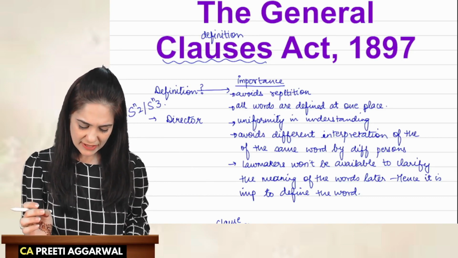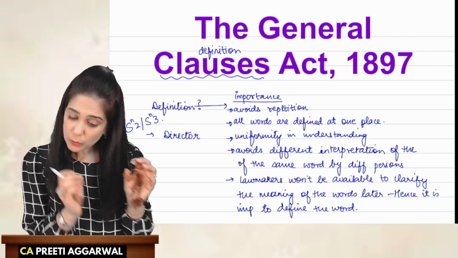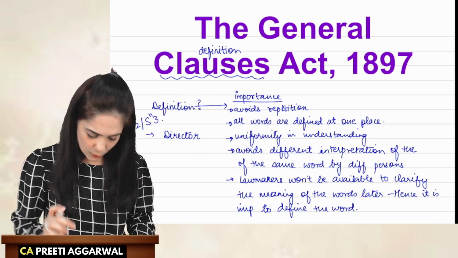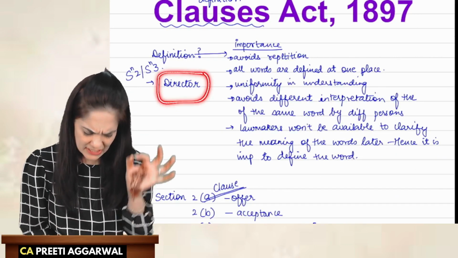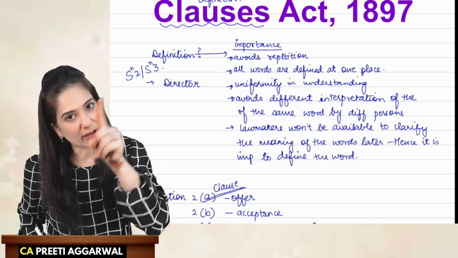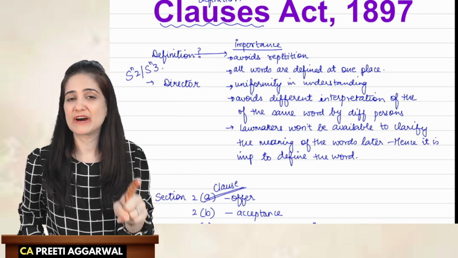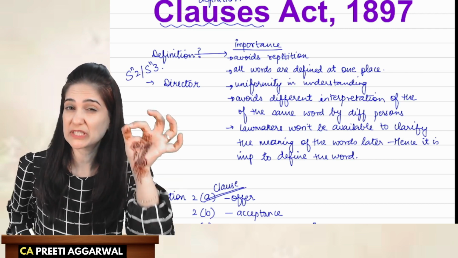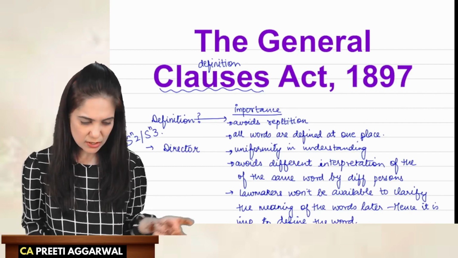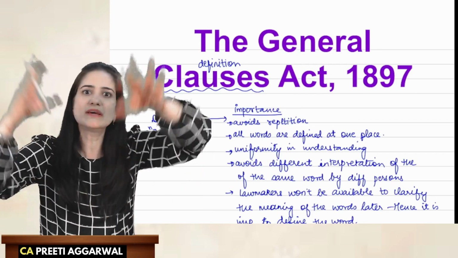But are they words which are very specific to an act? No, no, no. See, the word director is a very specific word. The Companies Act will definitely explain and define these unique terms which are specific to that act. But what if there are certain terms which are used in various acts?